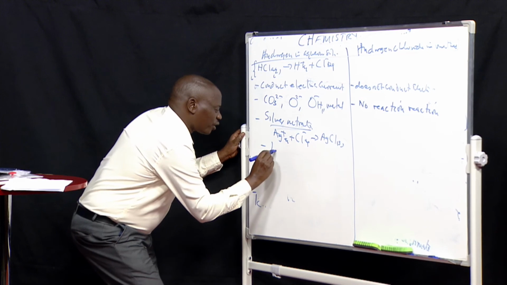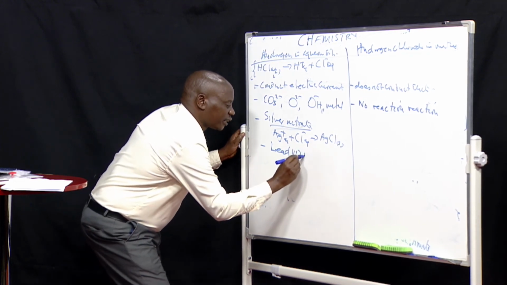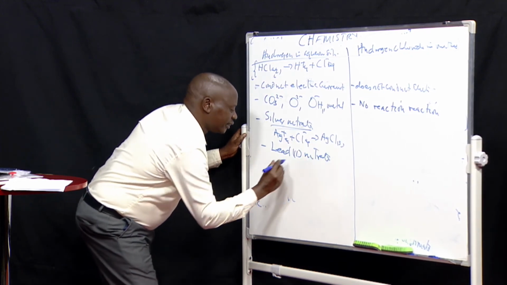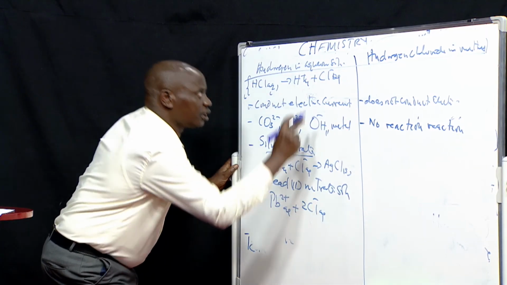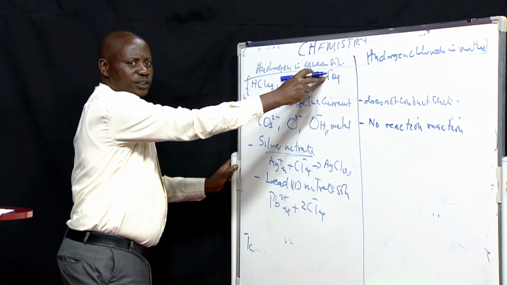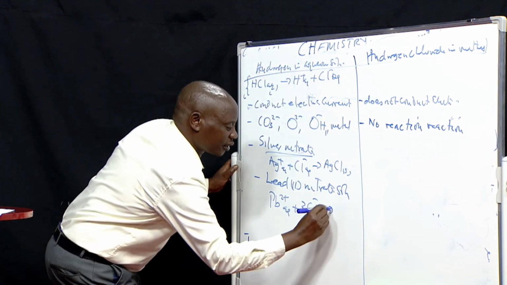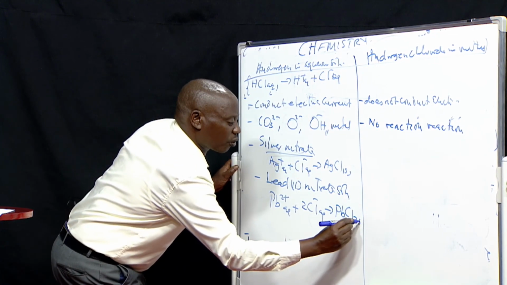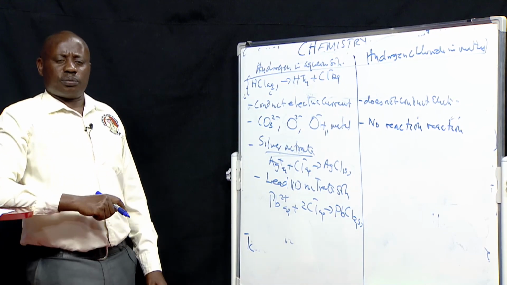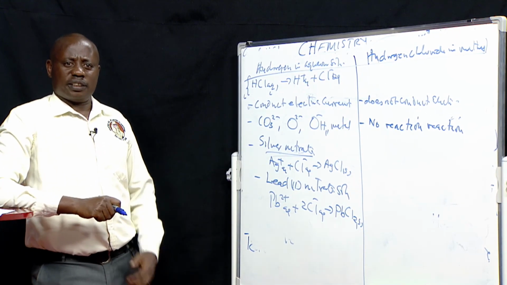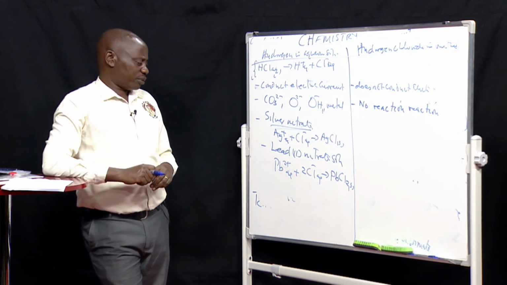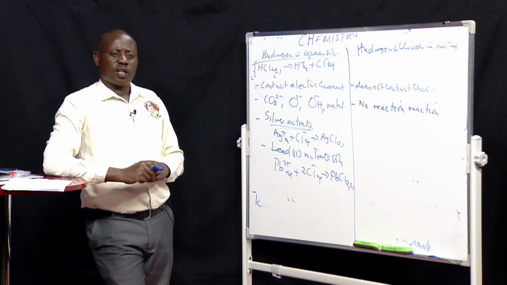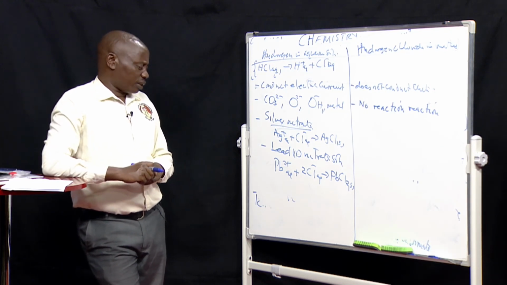Even lead 2 nitrate, the lead 2 ions solution, there must be solution. The lead 2 ions react with chloride ions formed from the ionization of hydrochloric acid to form what? To form lead 2 chloride, which is insoluble.